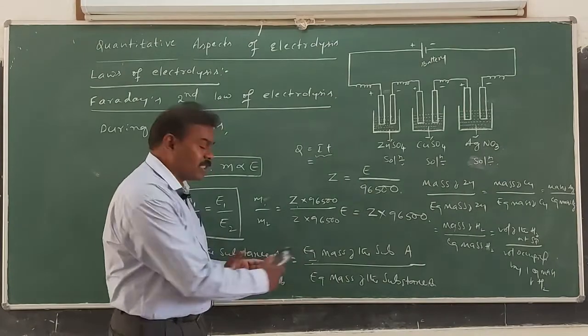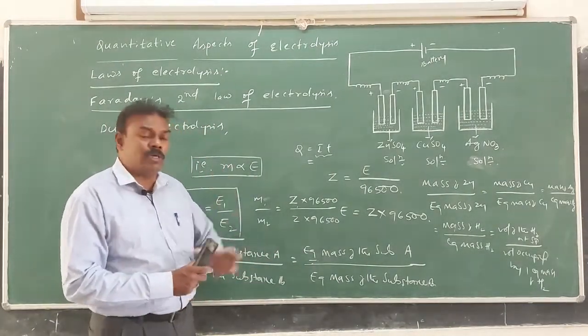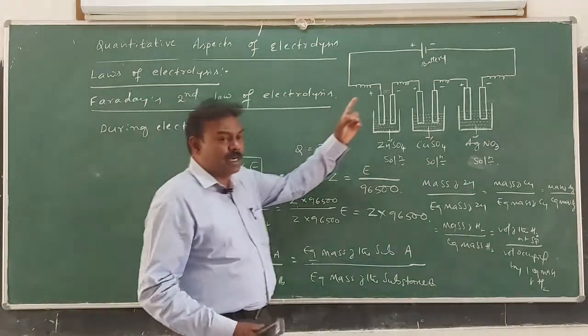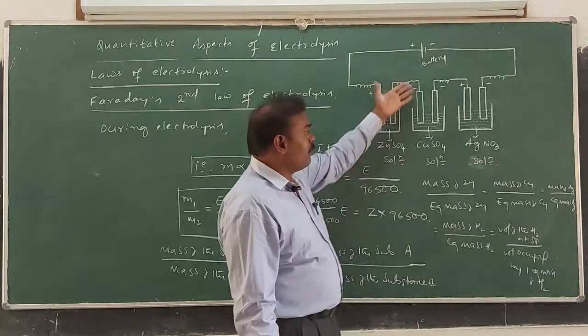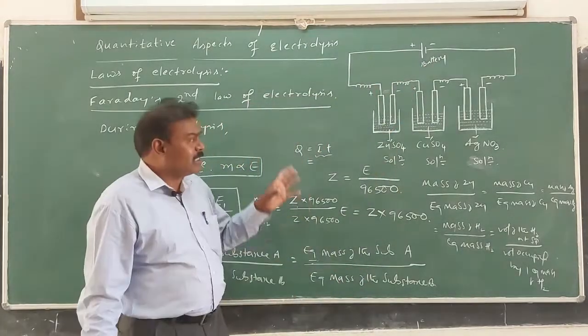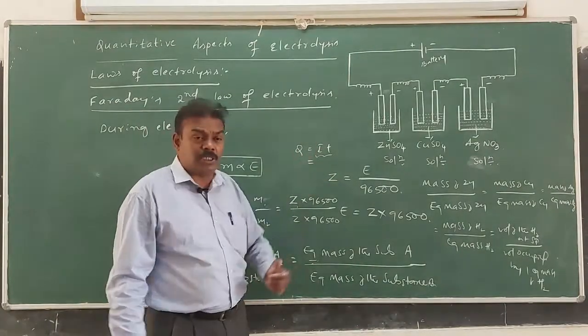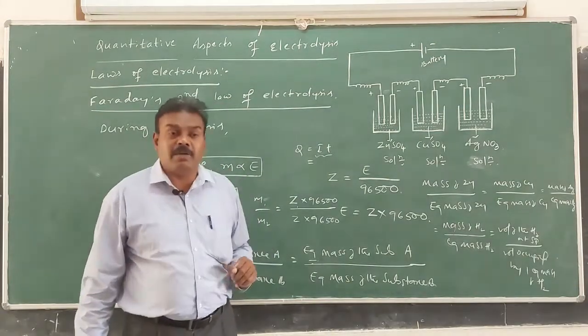Minimum 2 substances must be there, because we pass the same quantity of electricity through different electrolytic solutions. Same quantity of electricity means we connect these solutions to the battery. That battery will supply the same quantity of electric current through these solutions. The amount of substance deposited will be different, because the amount deposited is in terms of equivalent masses only.